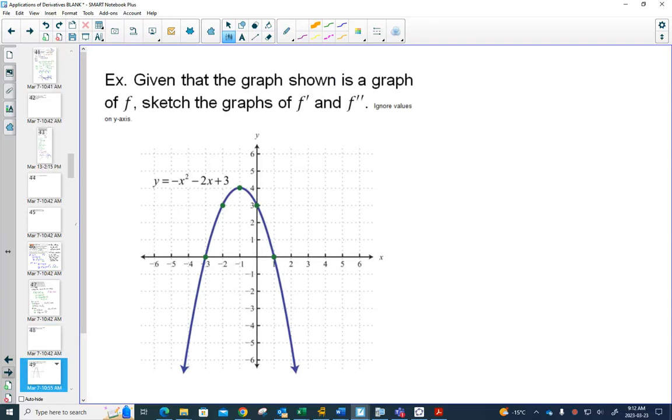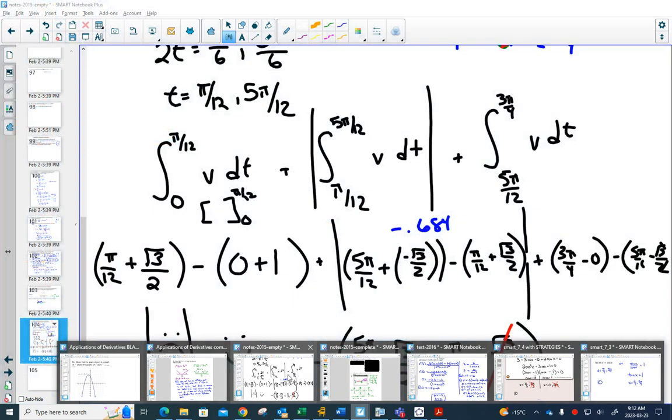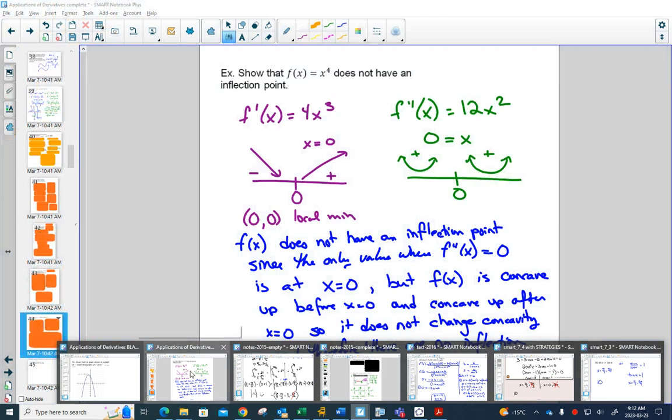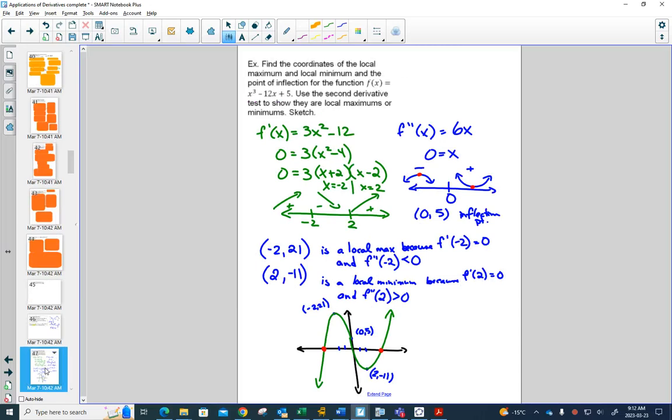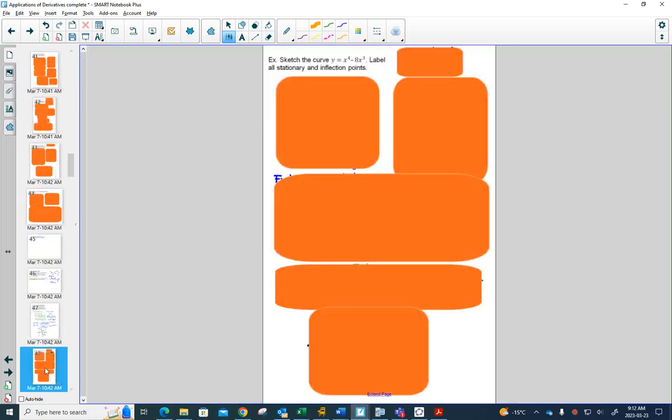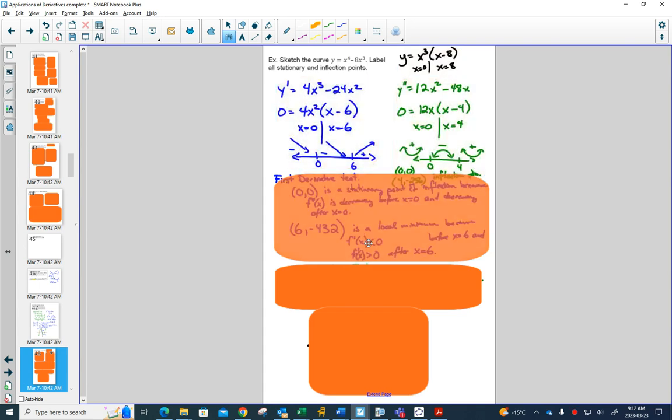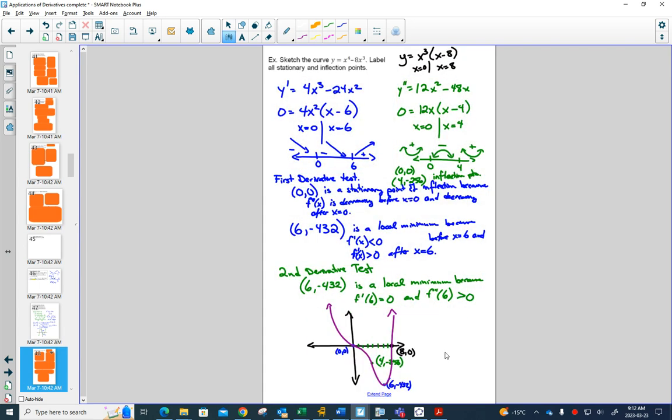Here, I'll go to the completed ones and there. Oh, but color coding wrong. Sorry. Take a picture.